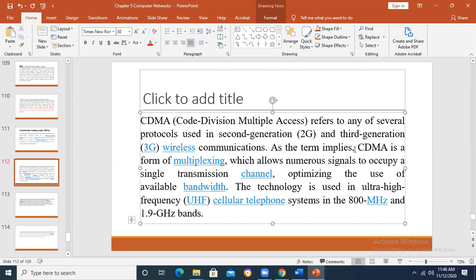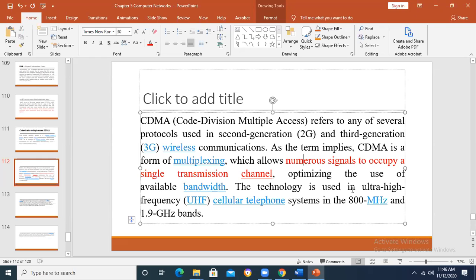As the term shows, CDMA is a form of multiplexing which allows numerous signals to occupy a single channel. This thing is very important. It allows numerous signals to occupy a single transmission channel. It is basically the most important feature of this technology, code division multiple access.